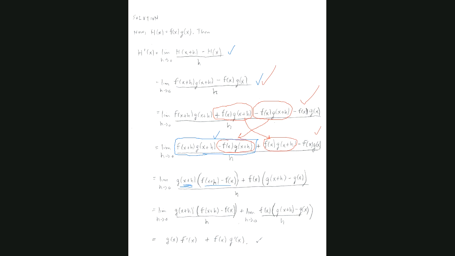Similarly, this expression here, f of x times g of x plus h minus f of x g of x, I can factor out the common factor f of x. And so the expression would become f of x times g of x plus h minus g of x.